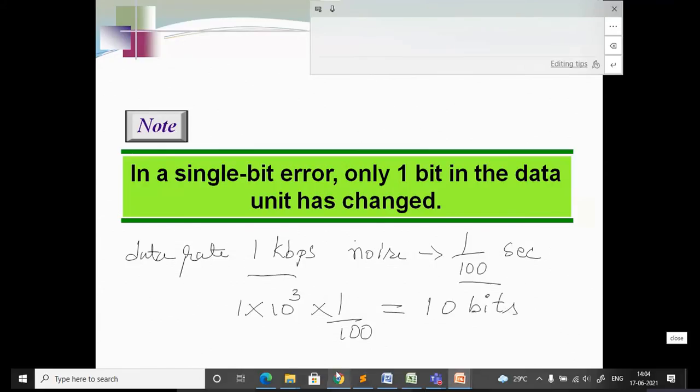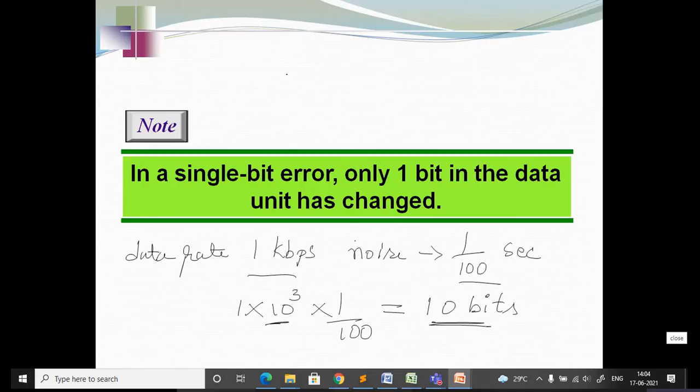These are simple questions you need to understand. Every 100 seconds there is 1 bit affected, so based on this data rate, the number of bits corrupted is 10 bits.